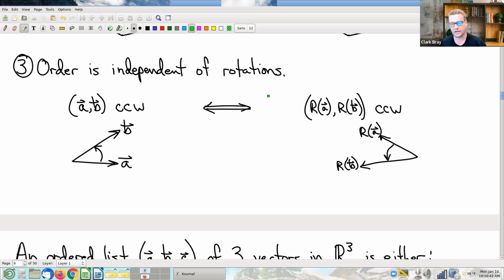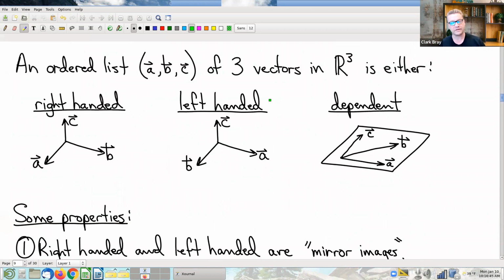Then analogously for three vectors. This one's a little less familiar, but there's this idea of right-handedness and left-handedness. Quick reminder: for the first vector in the list, use the index finger of your right hand, parallel to your palm, to point in the direction of that vector. For the second vector, you use your middle finger, bending it the way middle fingers want to bend.